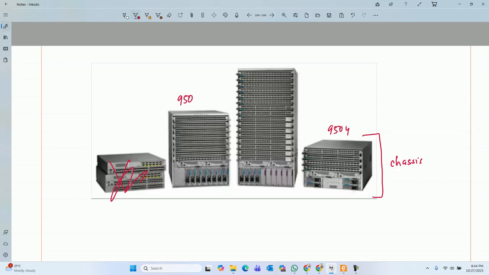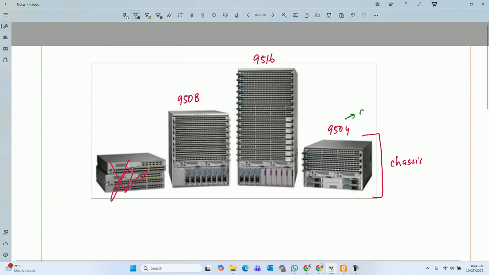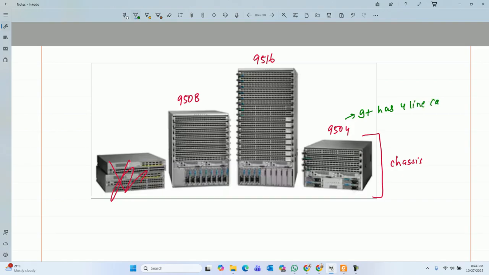This is 9508, and this is 9516. 9504 means that it has 4 line cards. By the way, guys, they are the switches, but here inside a chassis we call them line cards. We'll discuss each and every component, but this is line card 1, 2, 3, 4.